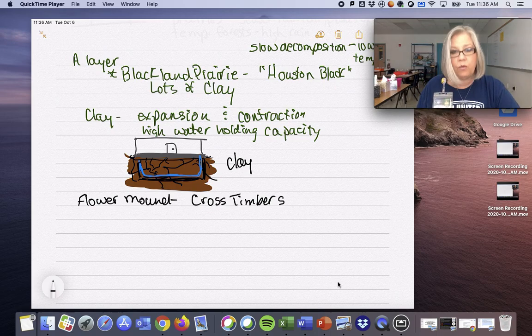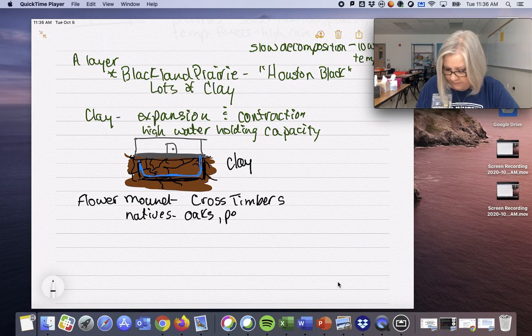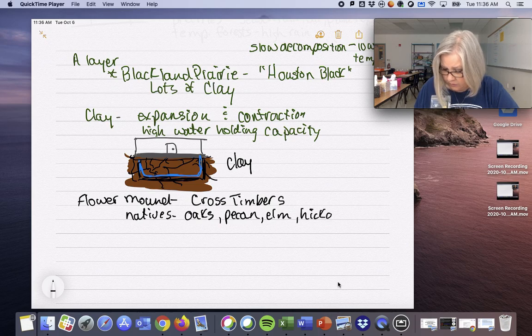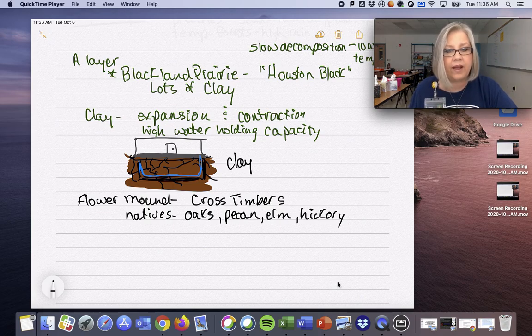And that means that we have a lot of trees growing. Our natives are things like oaks and pecan and elm, hickory, those kinds of trees. Those would be the ones that grow naturally or natively around here.